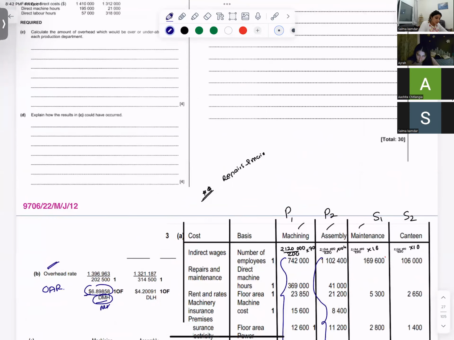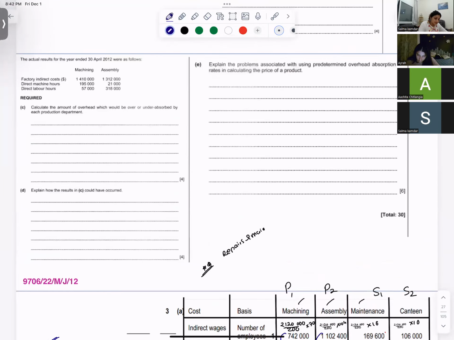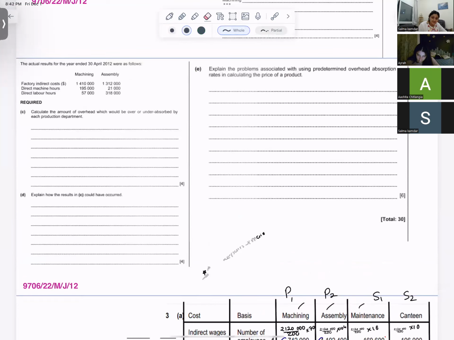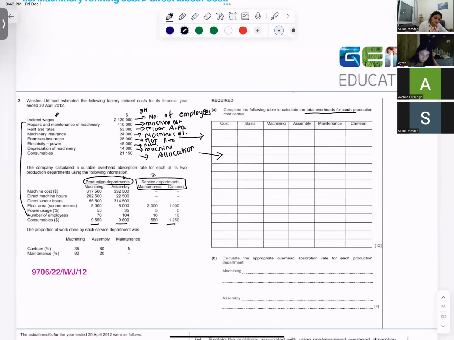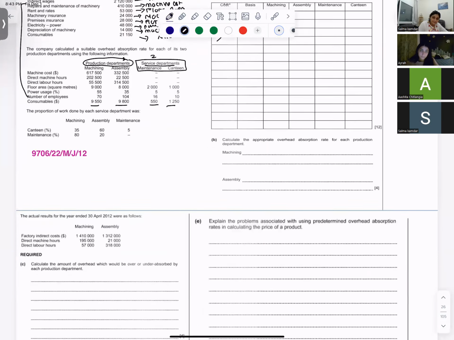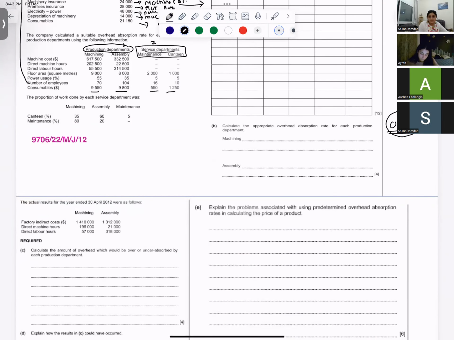So when the question comes, the first part in absorption costing is they will always ask you to apportion and reapportion. I'm sure you're clear with that. After you apportion and reapportion, the second part they will ask you to calculate OAR, overhead absorption rate, which you will do by dividing budgeted overheads by either direct machine hours or direct labor hours.